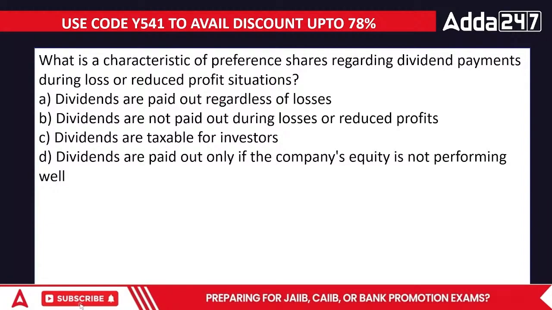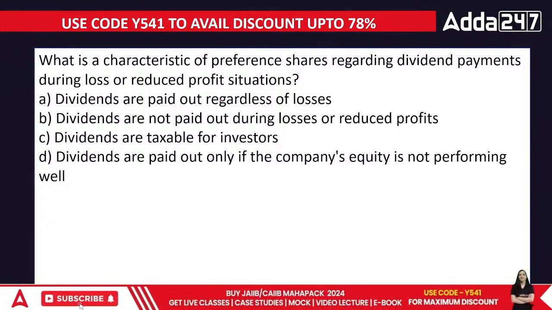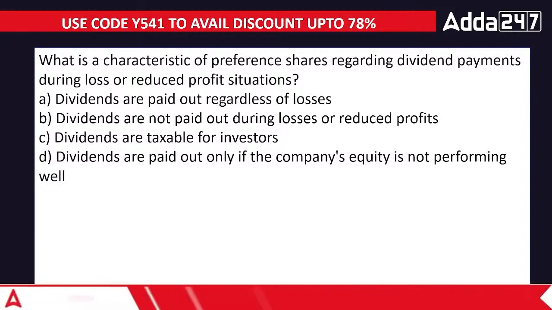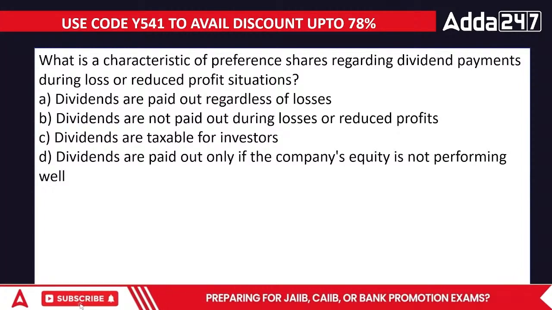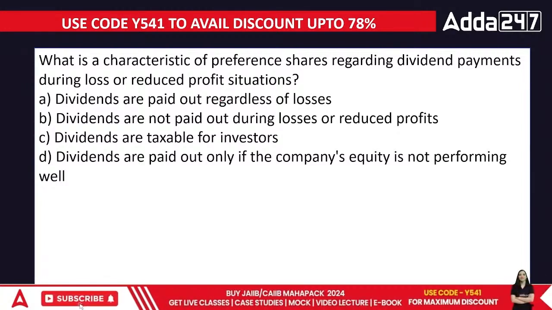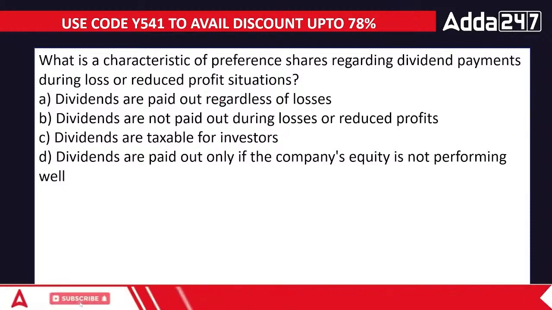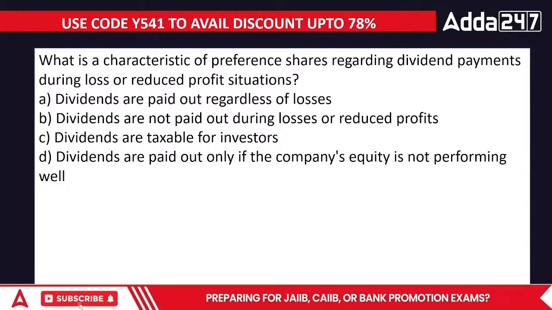Then dividends are not paid out during the losses. Dividends are taxable for investors, or dividends are paid out only if the company's equity is not performing well. Okay, we normally pay dividends when we have a good amount of money. The payment is not paid when the company faces losses.